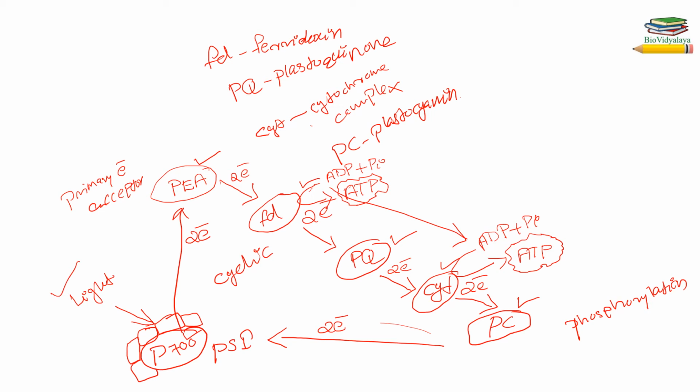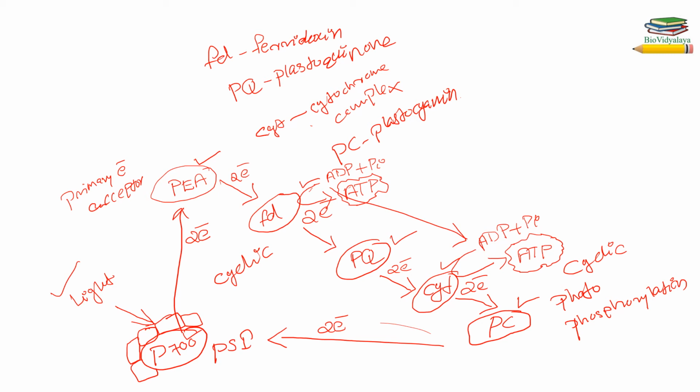That's why it is called photophosphorylation. Here the two electrons released from photosystem 1 come back to photosystem 1. That's why it is called cyclic photophosphorylation.